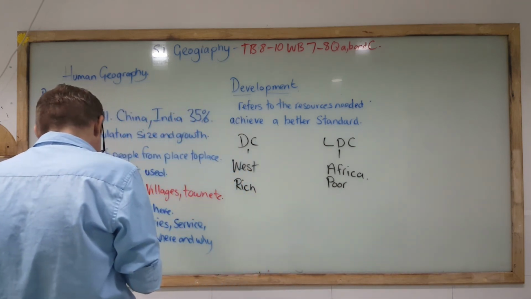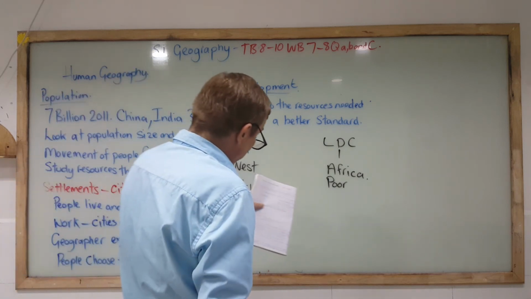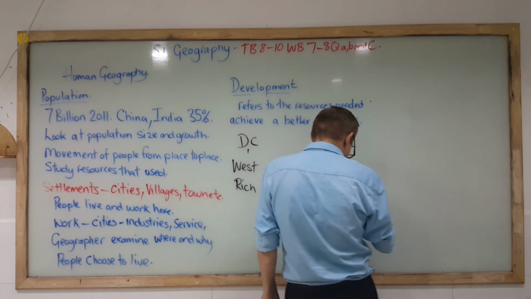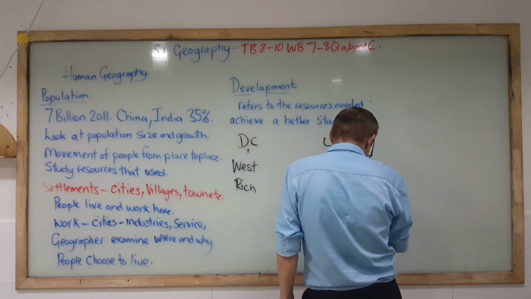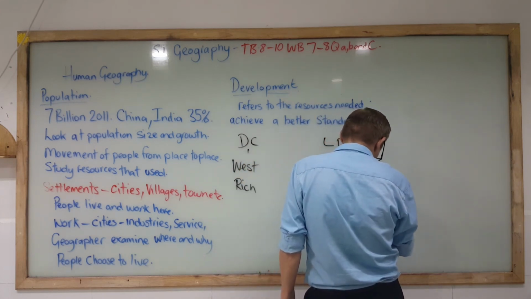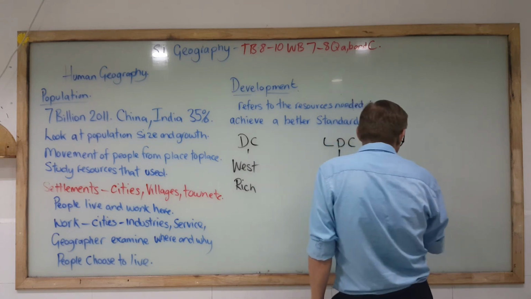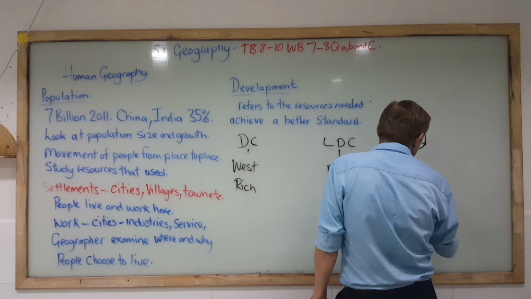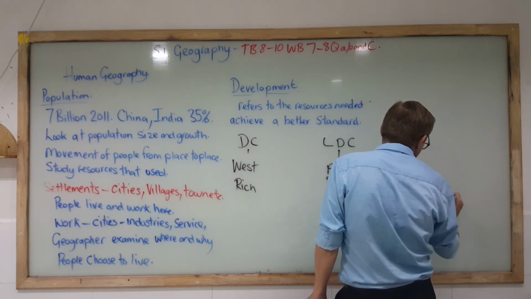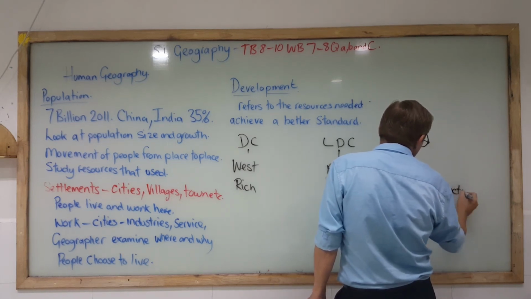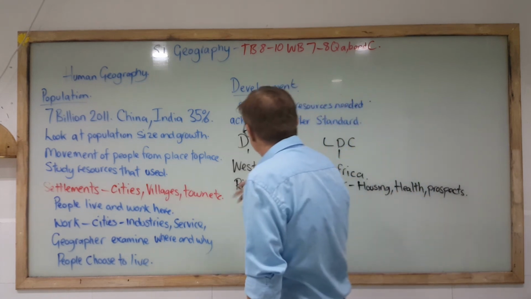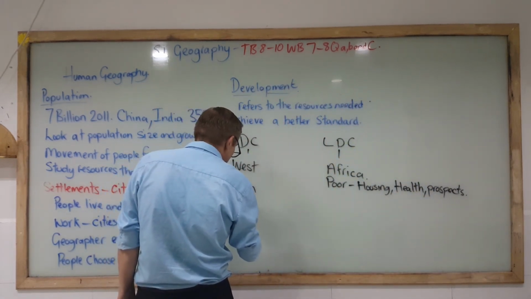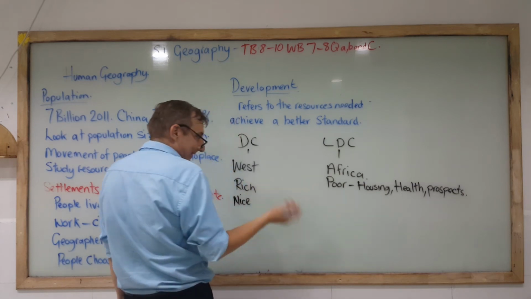Quite obvious, isn't it? But because these are poor, that affects their housing. It affects their health, and it'll affect their prospects. Very important. Whereas in the rest, they're rich, so they'll have nice, expensive housing.